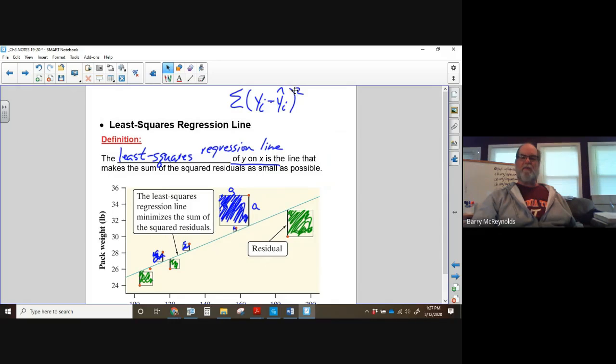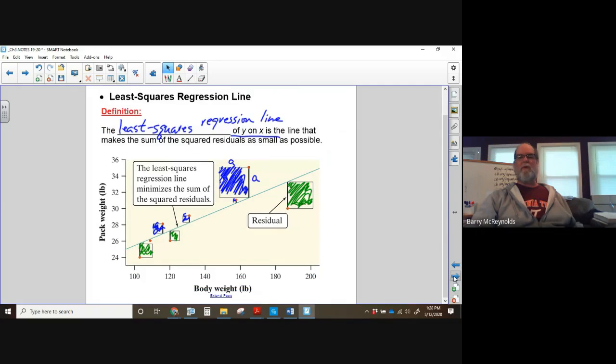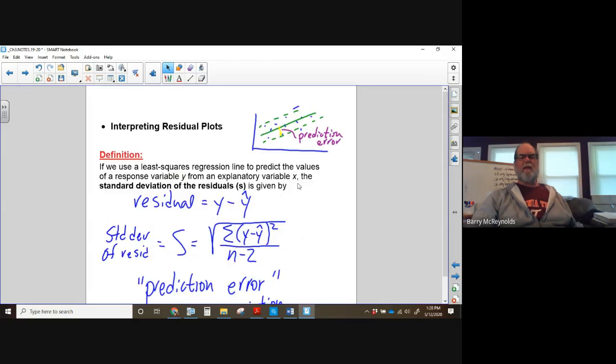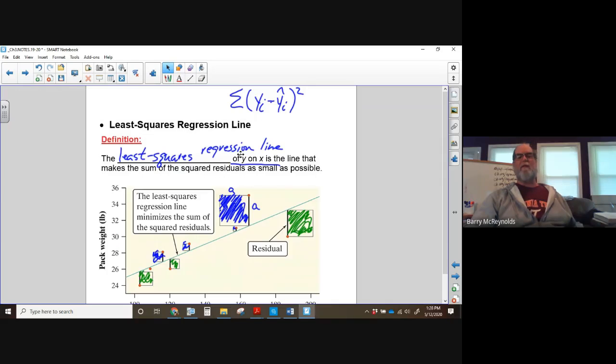So we subtract those two, we square them, so we get a positive number, we add them up, and then at the end there's a 1 over n minus 1 out here, just like there was for the standard deviation.